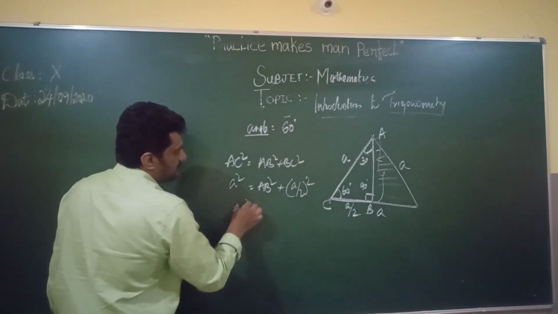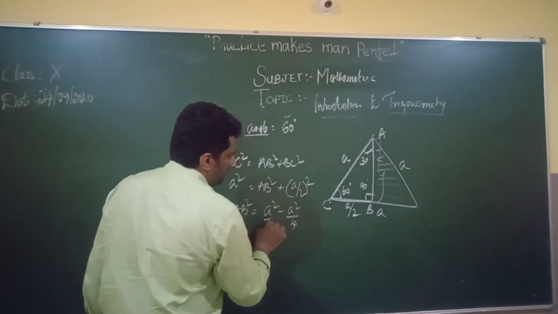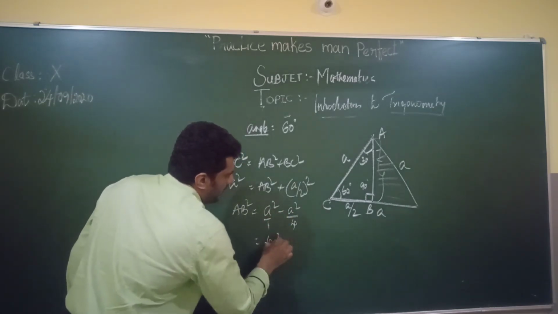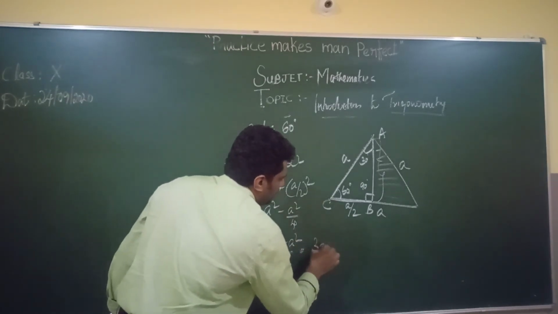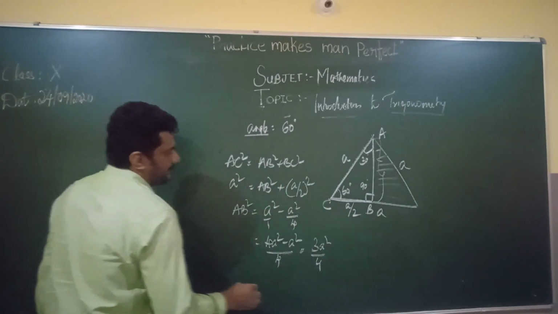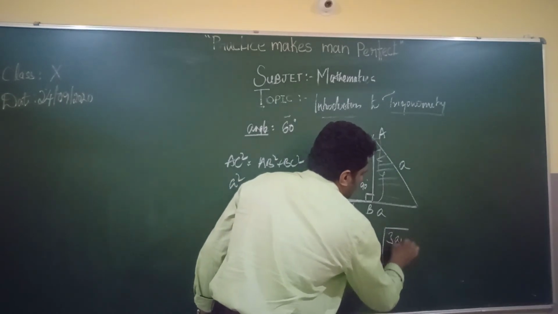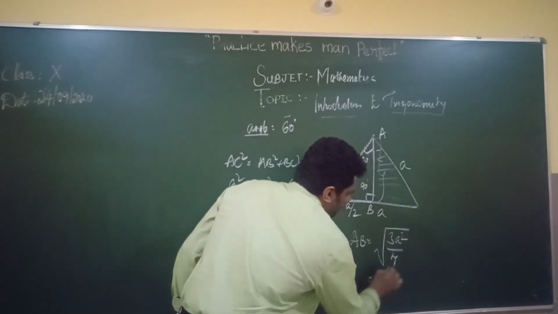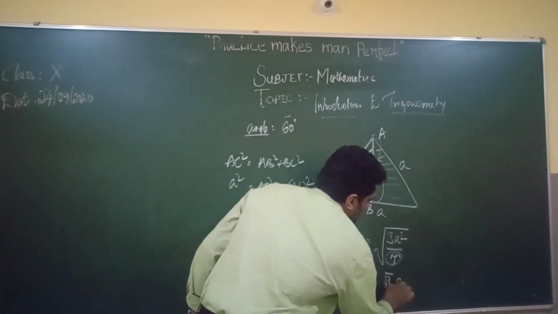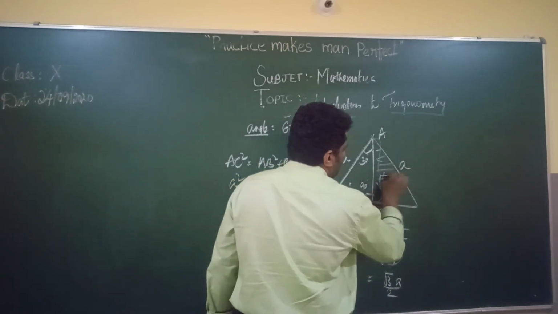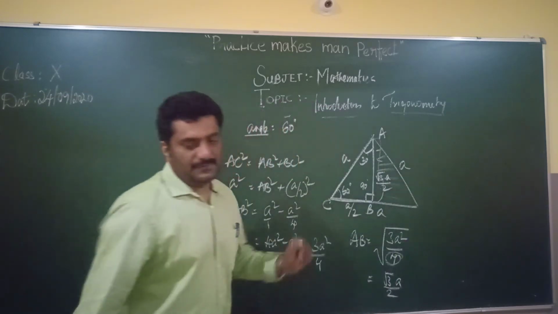So AB square is equal to A square minus A square by 4, which is 4A square minus A square by 4, which is 3A square by 4. Therefore AB is equal to root of 3A square by 4. We know root 4 is 2. We do not know root 3 as it is. So this length will be root 3 A by 2. Remember that.